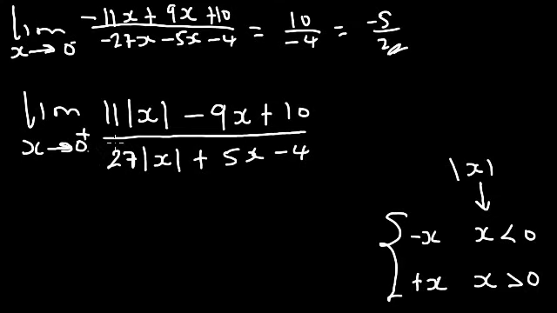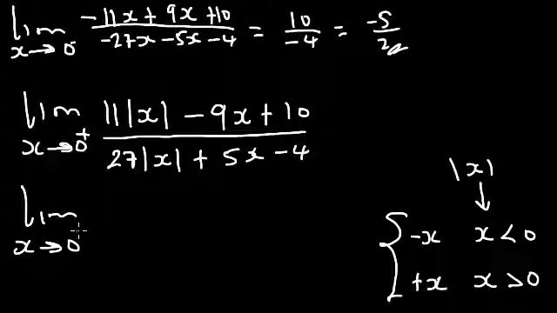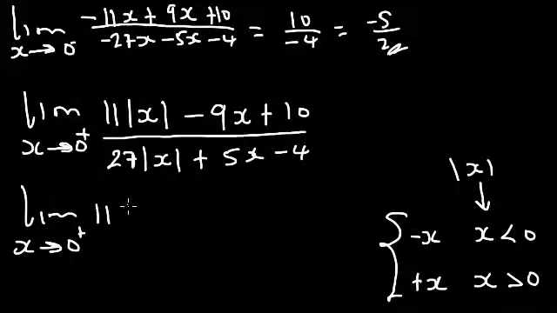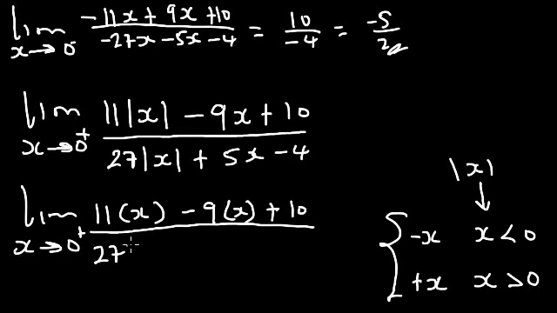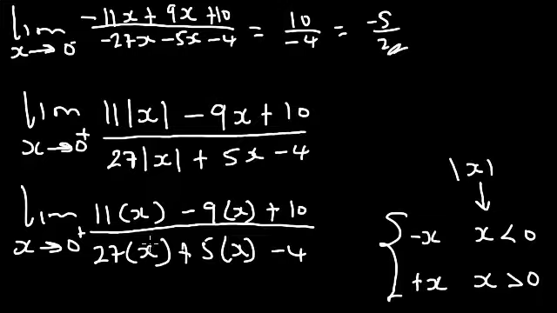Now we replace the absolute value of x with positive x, because that is the valid variable in relation to this limit point. So we have the limit as x approaches 0 from the right hand side of 11 times x minus 9 times x plus 10, divided by 27 times x plus 5 times x minus 4.